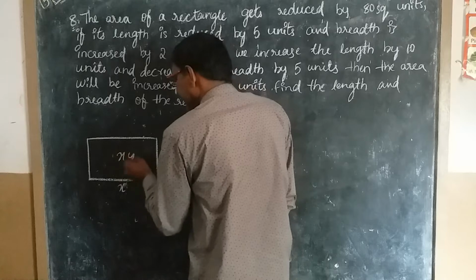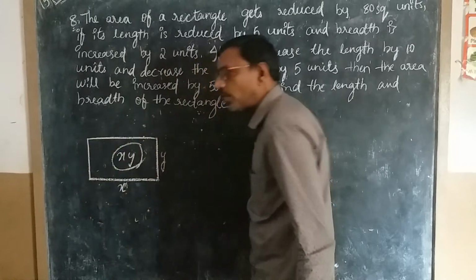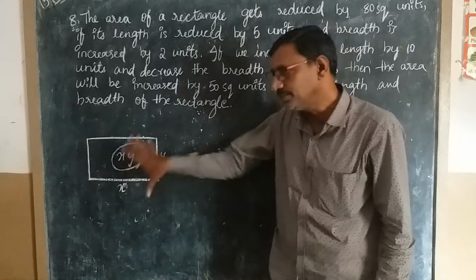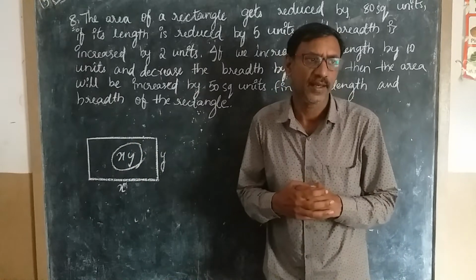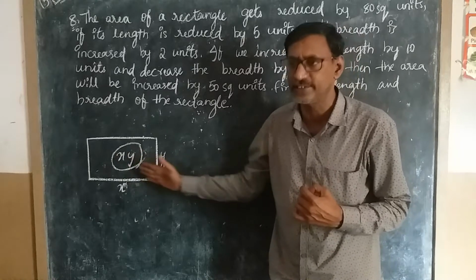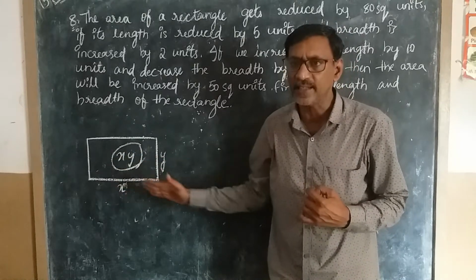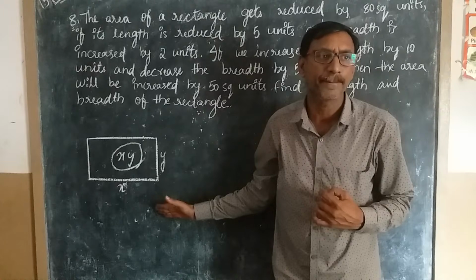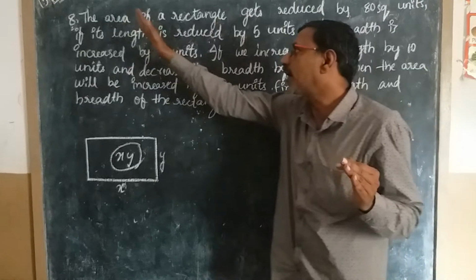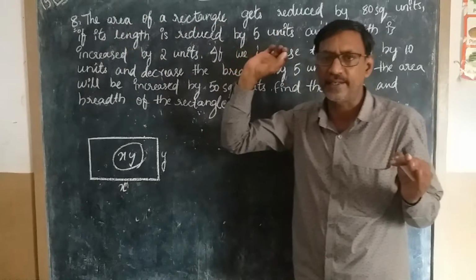Its area is equal to x into y, because length into breadth is the area of my rectangle. The area is x into y, where x is the length and y is the breadth.